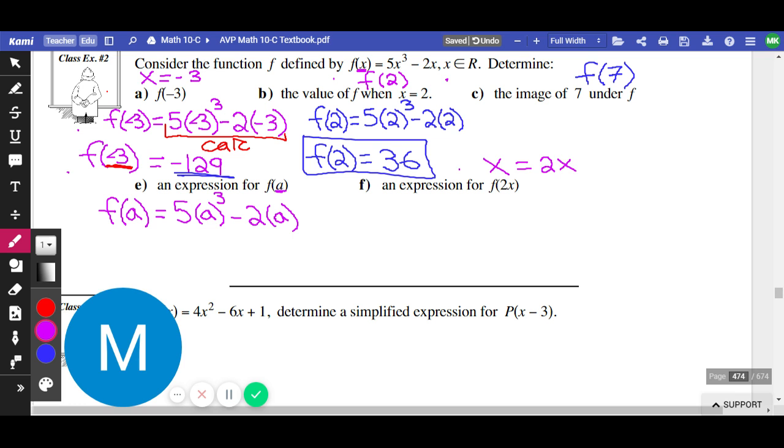So we're going to go up to our equation. We're going to change all of our x's to be 2x. That means I have 5 bracket 2x bracket cubed minus 5 times 2x. It's minus 2. Thank you.